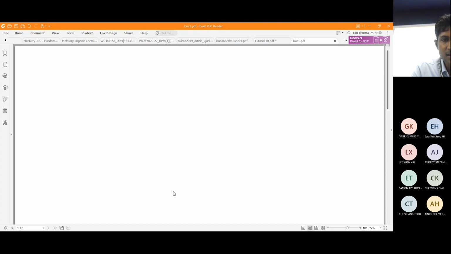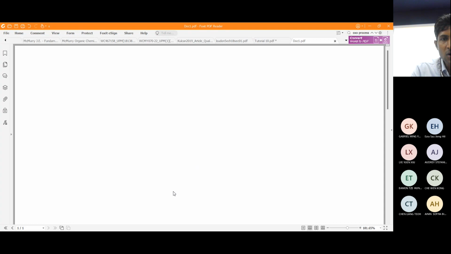That means if the bromine is directly attached to this benzene ring, there will be no SN1 reaction. If the bromine or iodine or chlorine is directly attached to the double bond, whether it is a benzene ring or not, it will not be possible for SN1 or SN2 reaction. So these two are out of consideration. Now we'll talk more about the SN1, SN2.